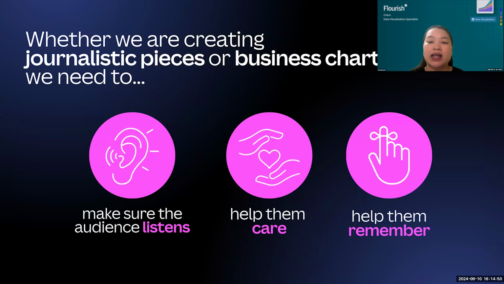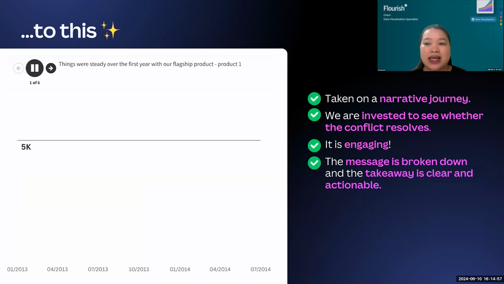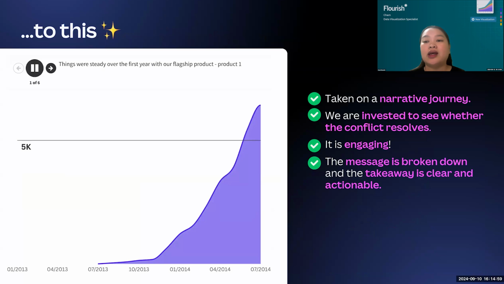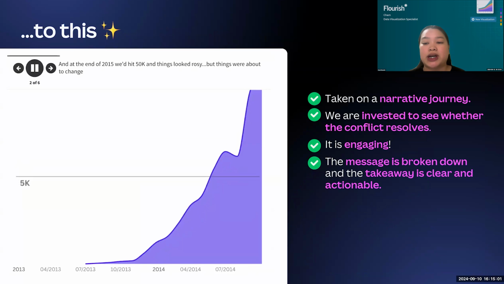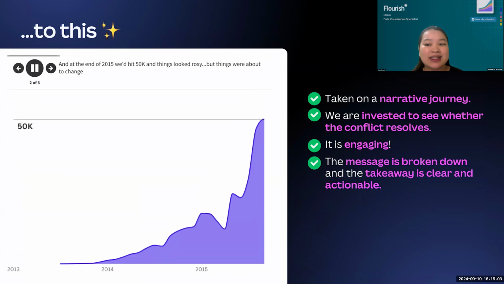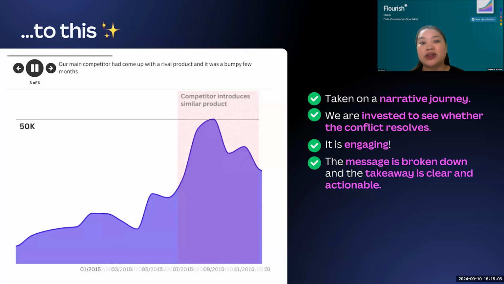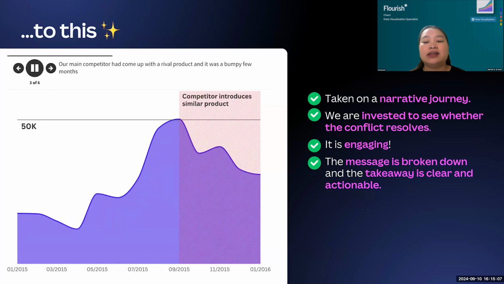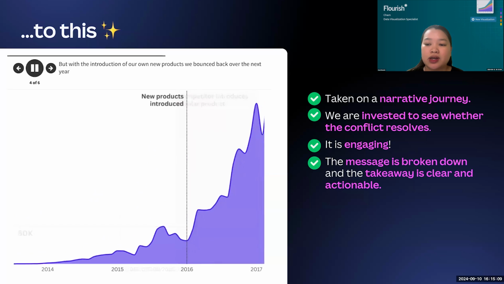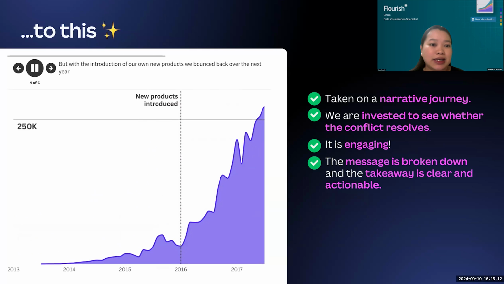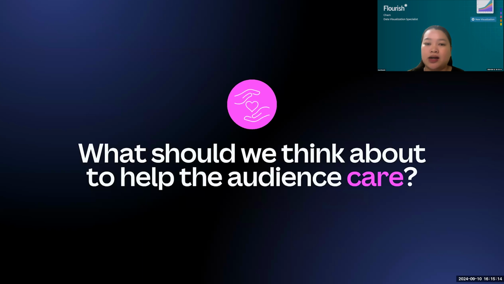With this, we can elevate our charts from the ones in the previous slide to maybe something like this, where the message is broken down, we are taken on a narrative journey, we are invested, hopefully, to see whether the conflict resolves at the end. The takeaway is clear and actionable, and all of those made in an engaging manner.